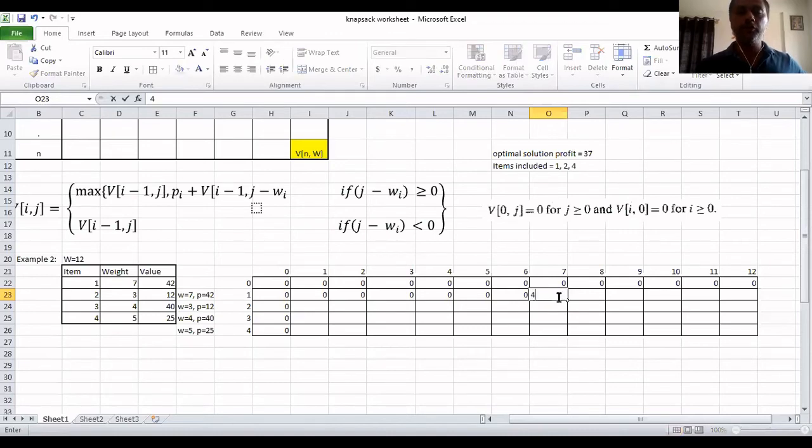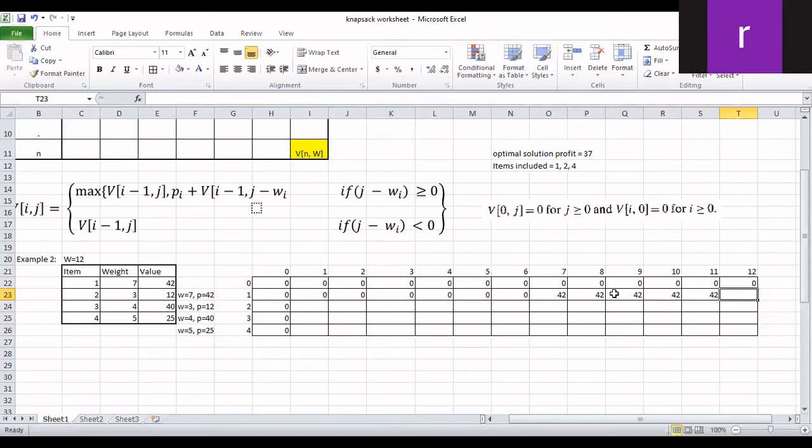So we get a profit of 42. As we have a single item and capacity is available, the profit remains the same. We completed the first row. Simple.